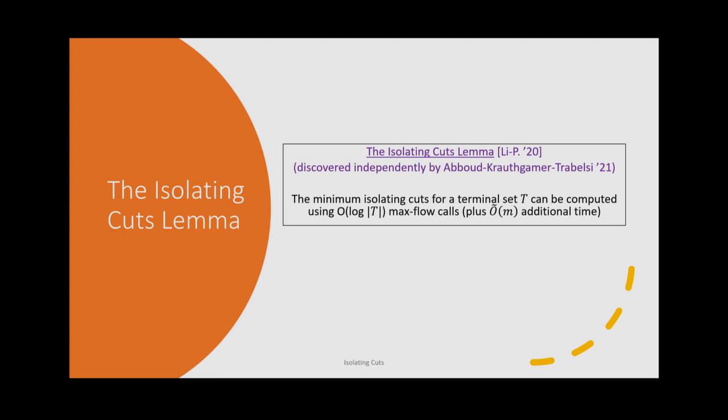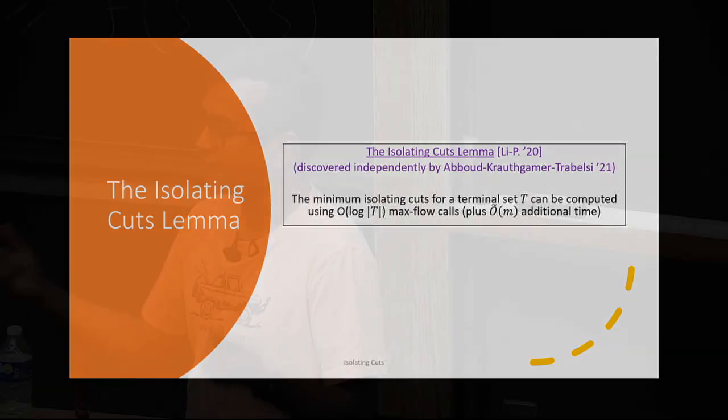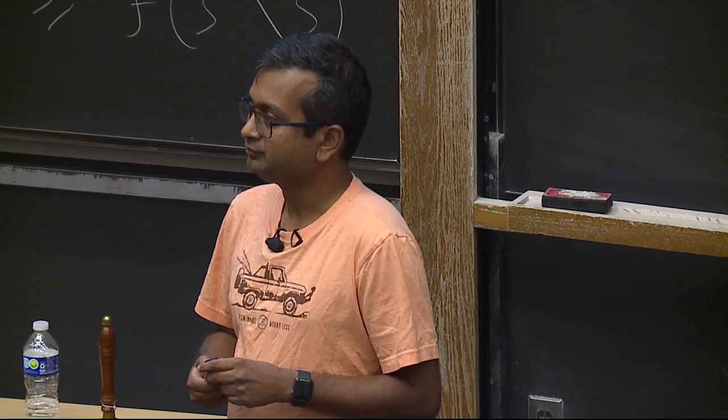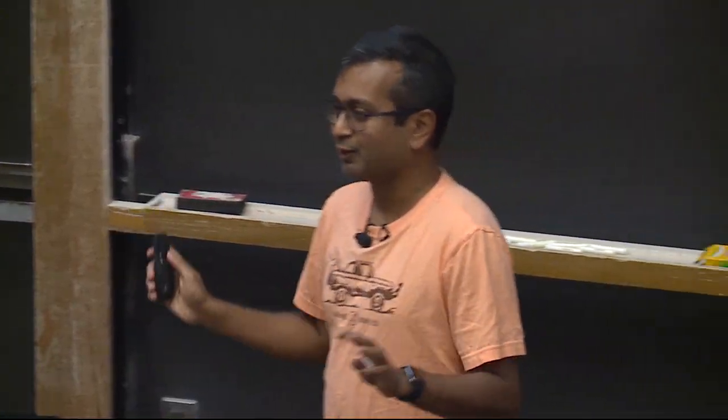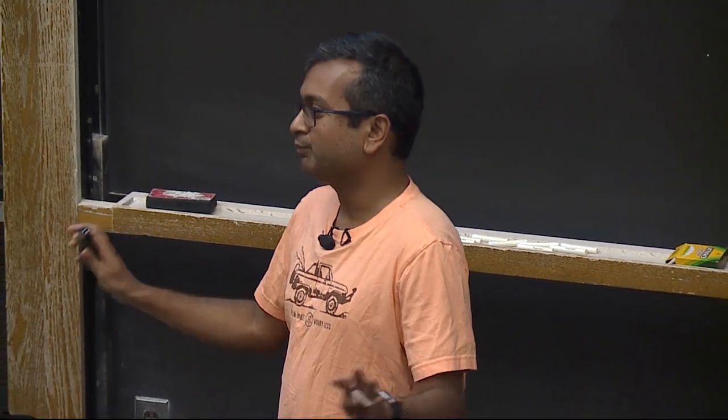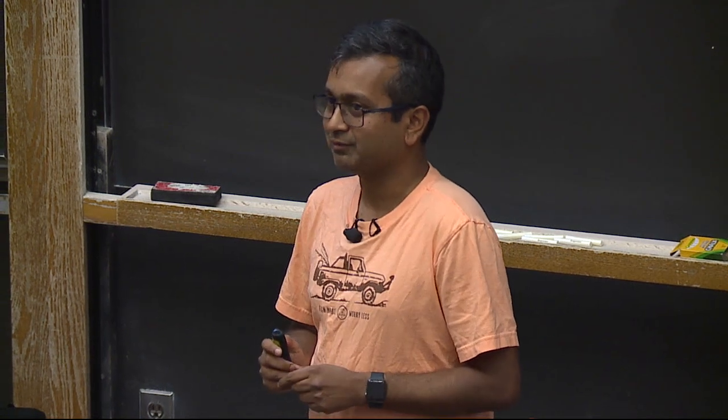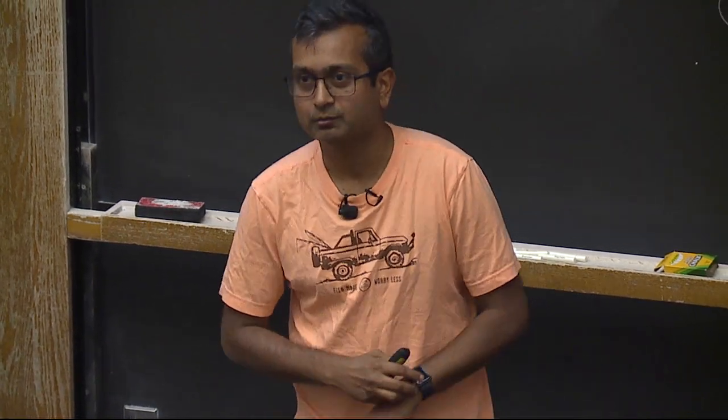So that's an exponential improvement over what we naively started with, which was just iterating over all the terminals and running min cuts. Okay? So that's the first part of my talk. This is a complete proof of the minimum isolating cuts lemma. Any questions before I talk about applications?